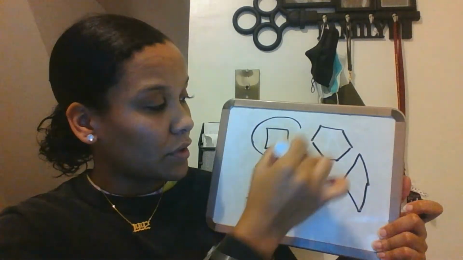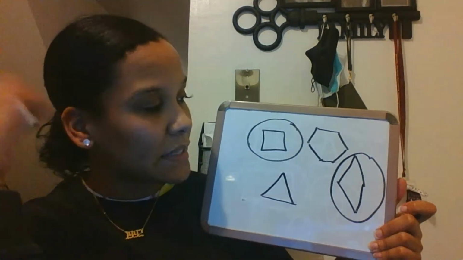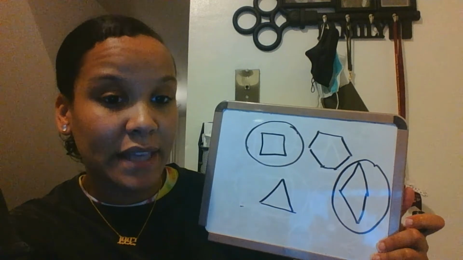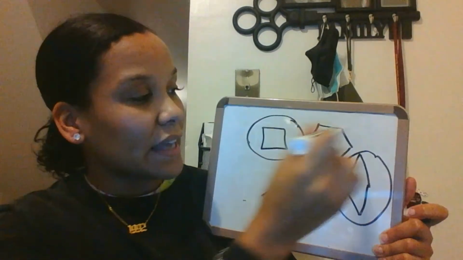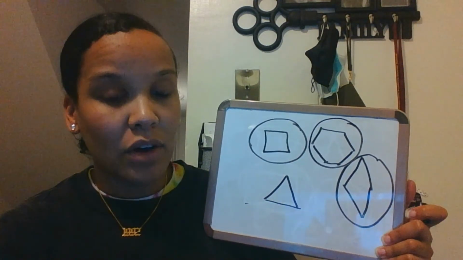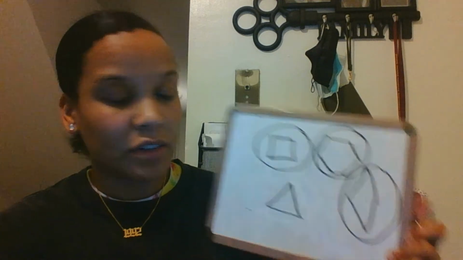I'm going to circle this one and this one. Now they happen to be the same because they have four sides, but I also could have said, can you circle any shapes that have more than three sides? And I would have circled this one as well. So that's another way that I can put them in the same category, but also compare to see they are different. So that's what you're going to be doing today.